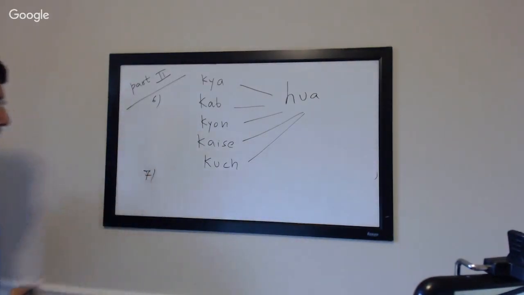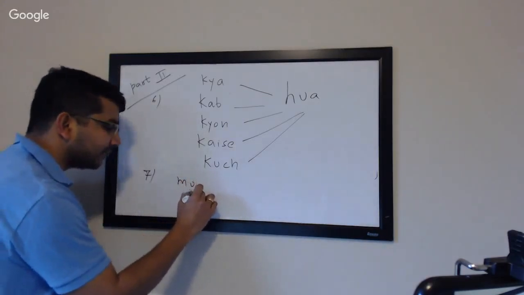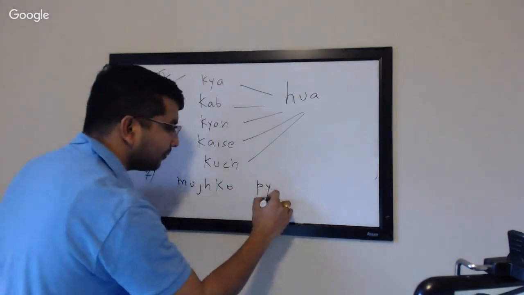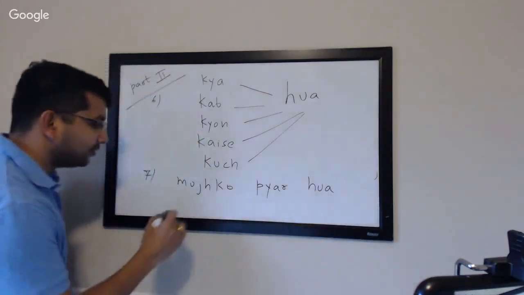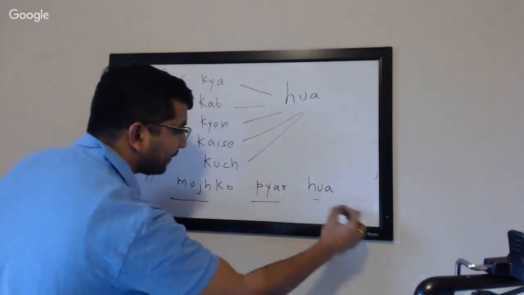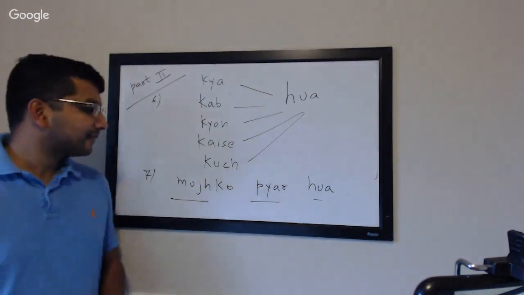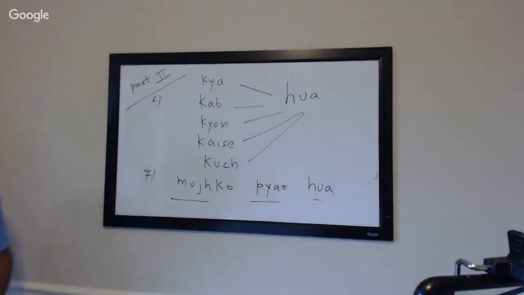Next one is more from the Hindi movies. You will see this being used quite commonly. Mujhko, and they'll say pyar hua. To me, love happened. Mujhko pyar hua. So this is the seventh popular phrase.